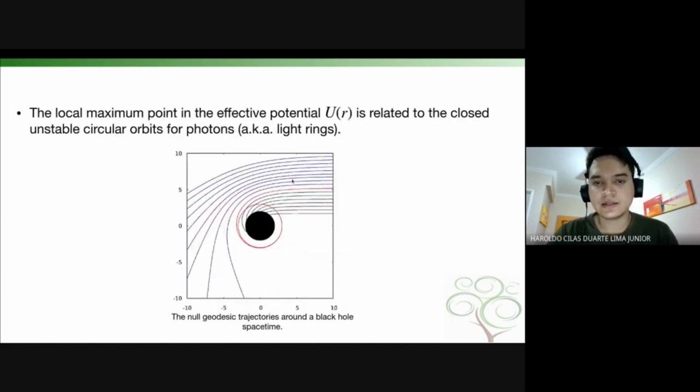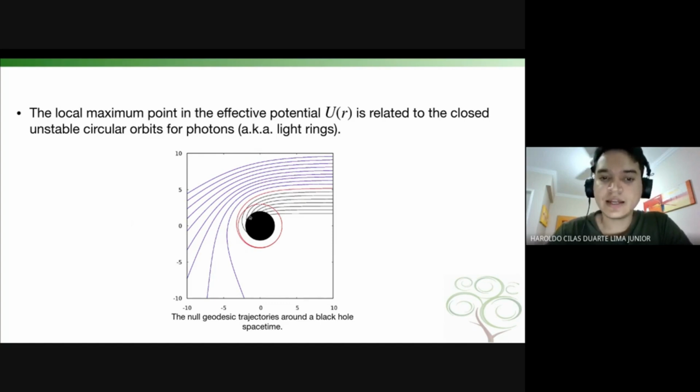So these light rings are related to the edge of the shadow of these Dymnikova model black holes in the following way. If we shoot light rays from a distance, away from the center of the black hole, these light rays are going to be bent and scattered to infinity. If we decrease the distance between the scattering center, in this case the black hole, and the direction in which we shoot the light rays, we are going to approach this red curve here, which is the unstable circular photon orbit.